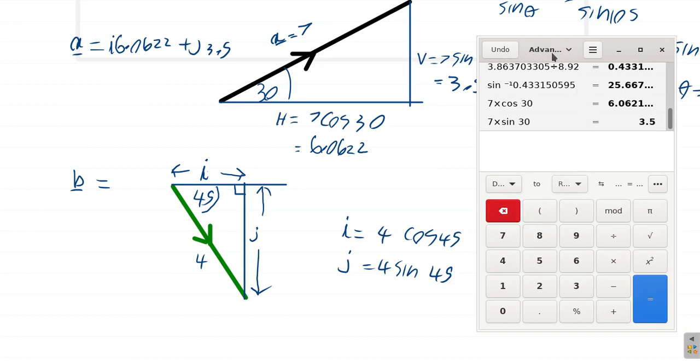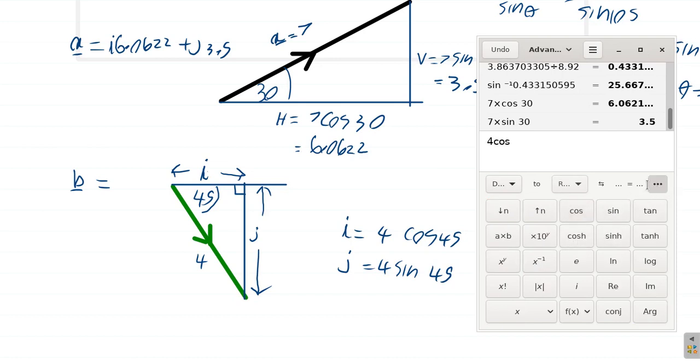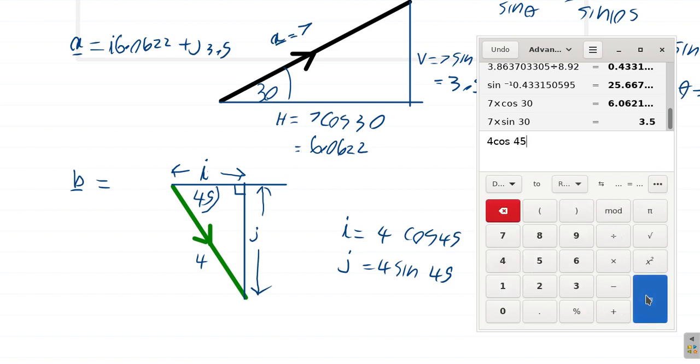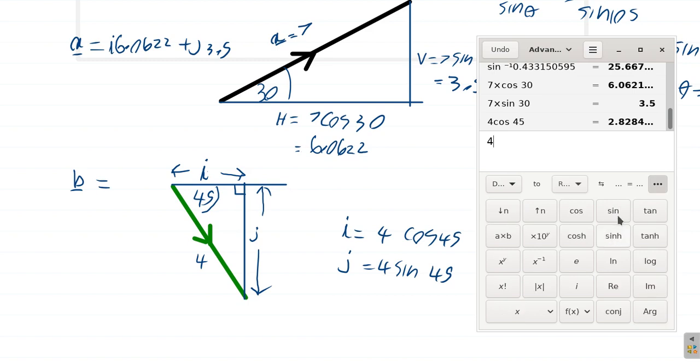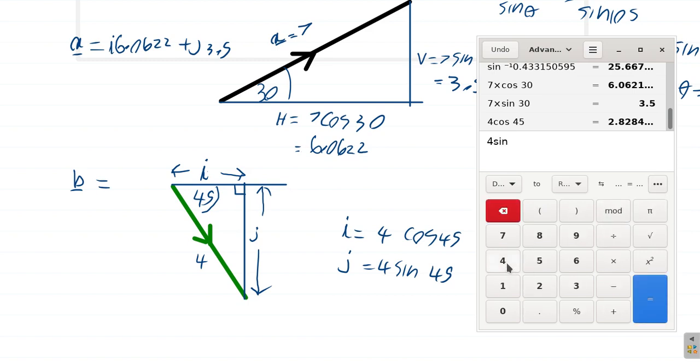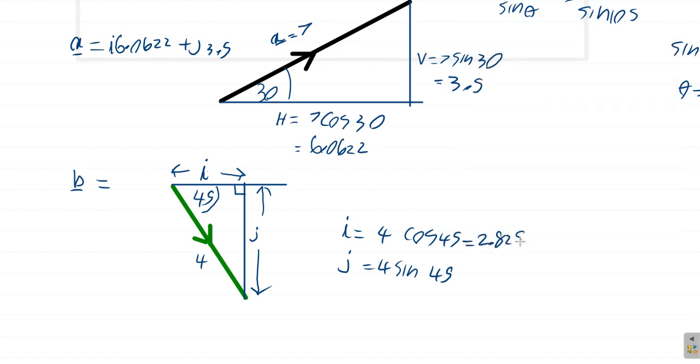So 4 cos 45 equals 2.82, or 2.828, and then 4 sin 45 equals the same 2.828. So two of them are 2.828.